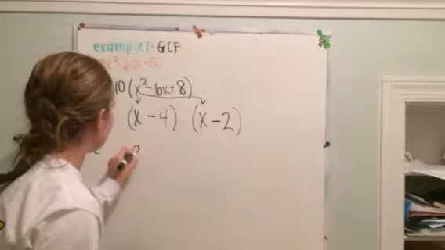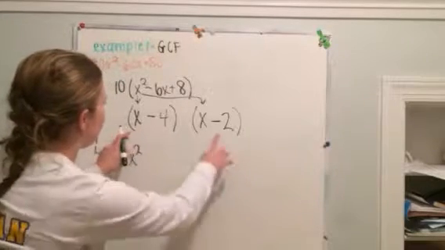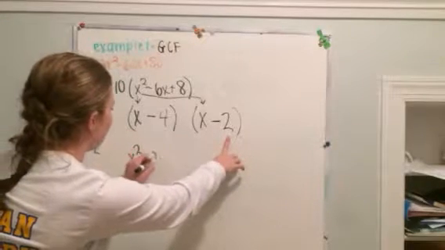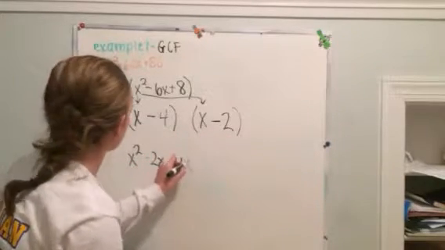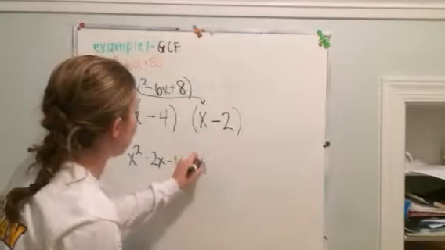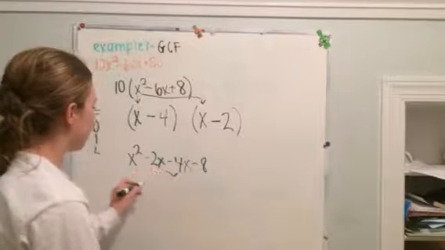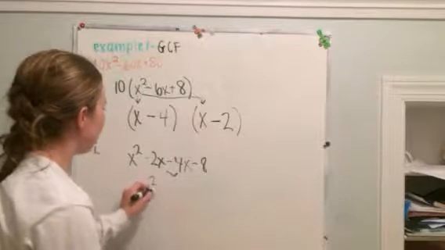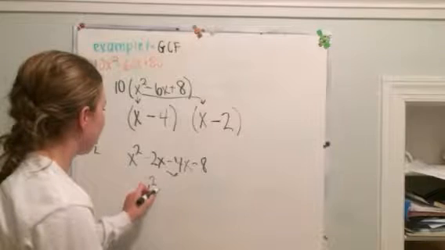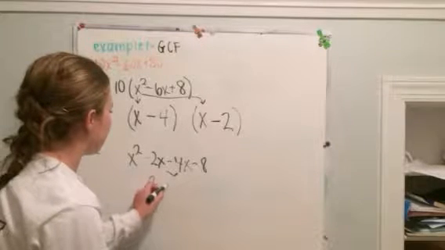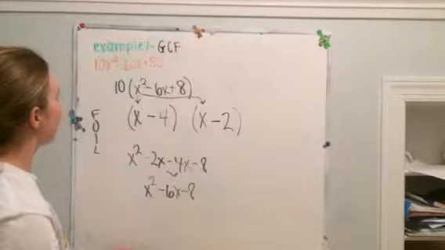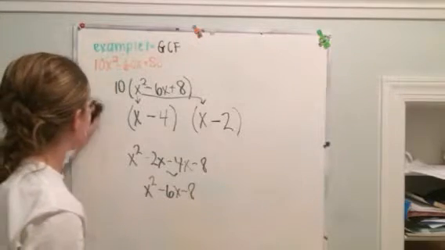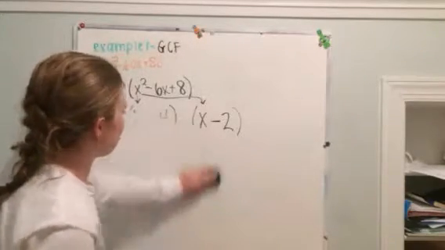First is x squared, outside is minus 2x, inside is minus 4x, and our last is minus 8. Then we put together our like terms and get x squared minus 6x minus 8. So that is how to solve a greatest common factor quadratic function.